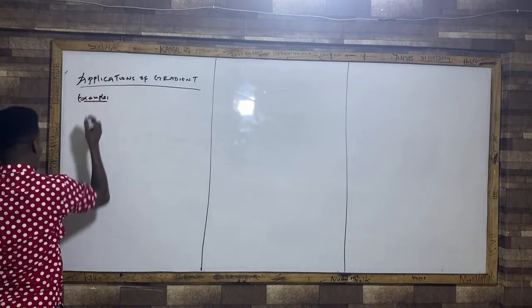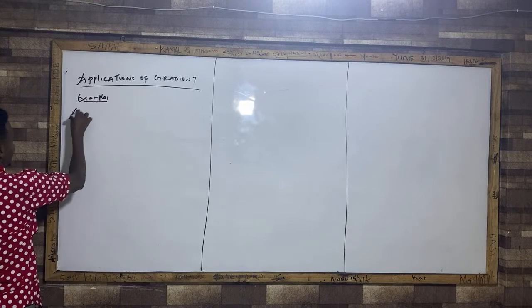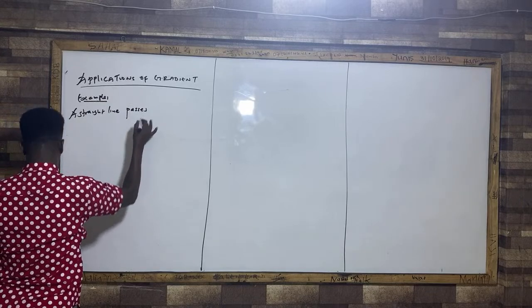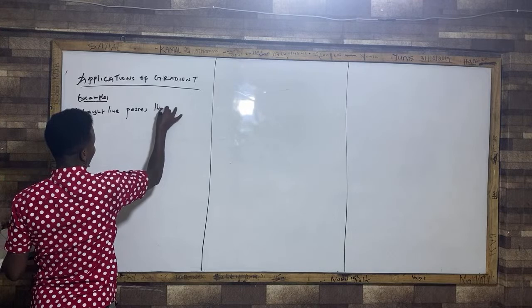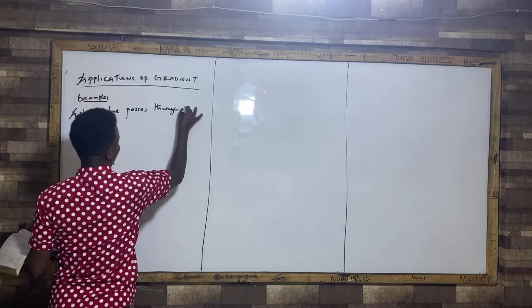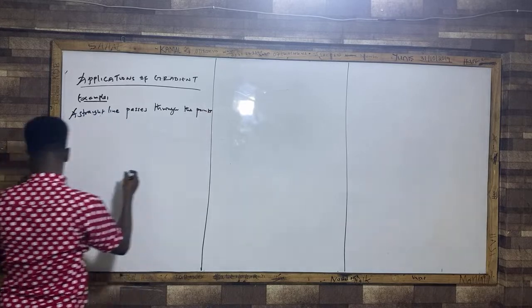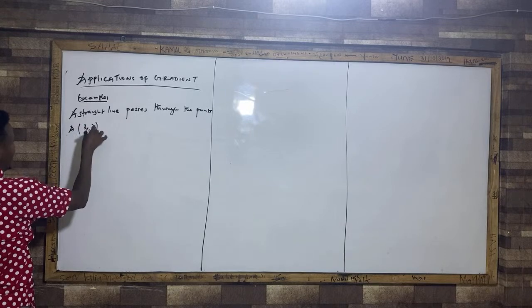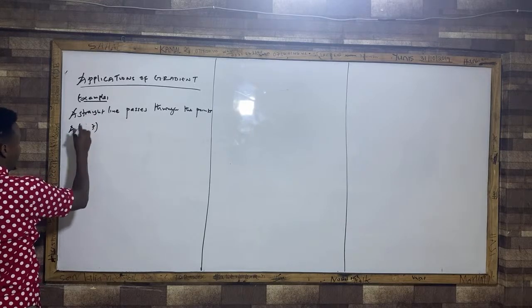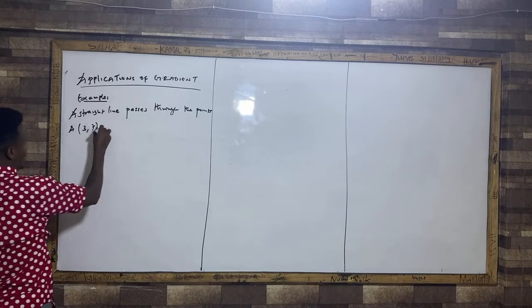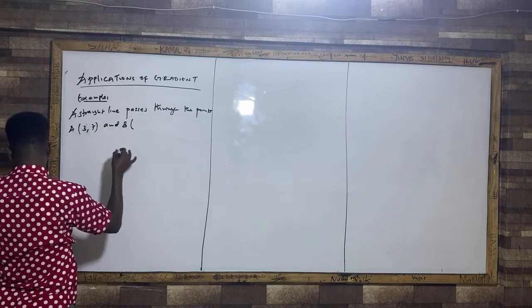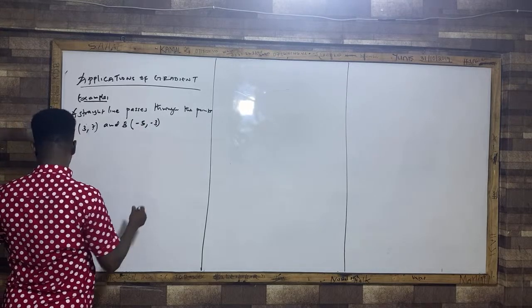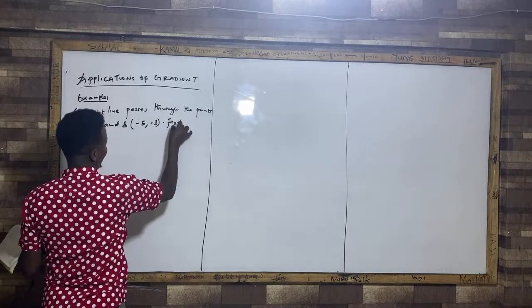This is our example 1, guys. A straight line passes through the points A(3, 7) and B(-5, -3).